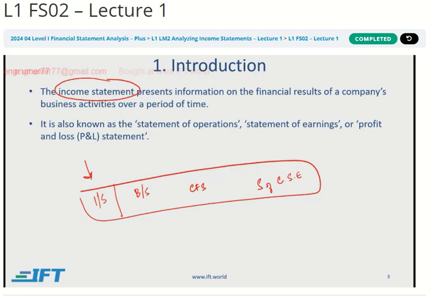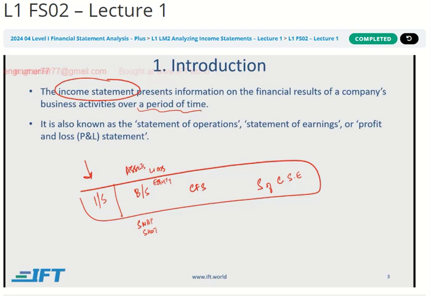Now, you might remember from the previous learning module's video that we said the balance sheet is more of a snapshot at a given point in time, that what are the assets and liabilities and equity of a given company. Whereas your income statement is over a period of time.